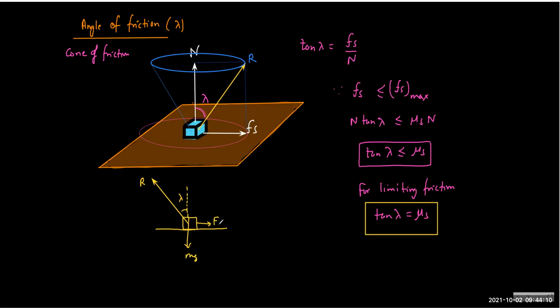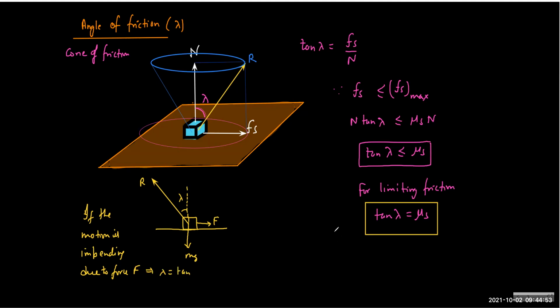Now, if they ask you that F is such that the friction is limiting, if I'm saying that you are applying force F and the friction is at its limiting value, so the block is about to move, the motion is impending due to force F. If I'm saying that the force is good enough to just move the block, this implies lambda is tan inverse mu.